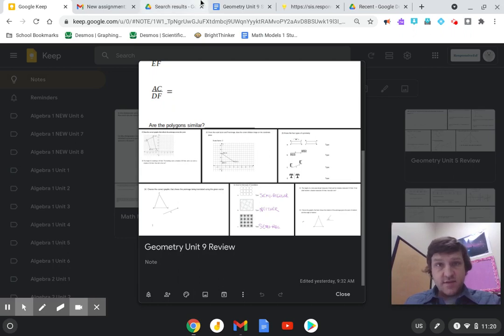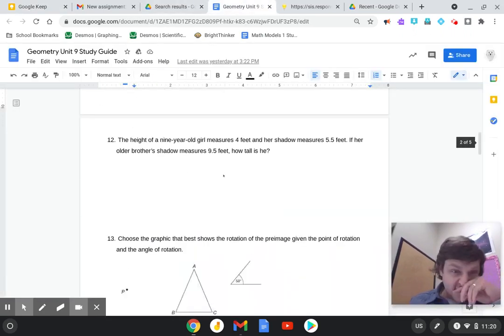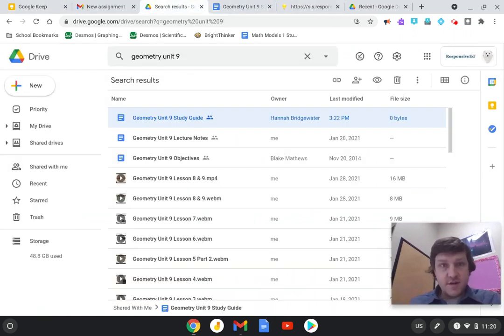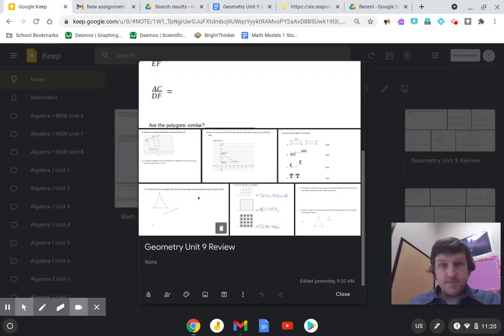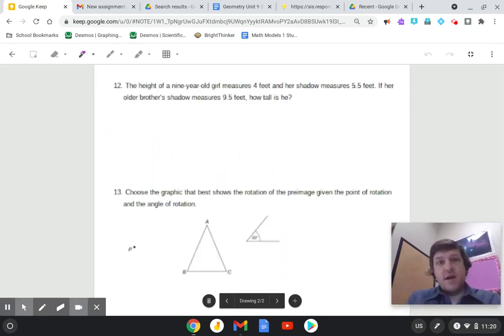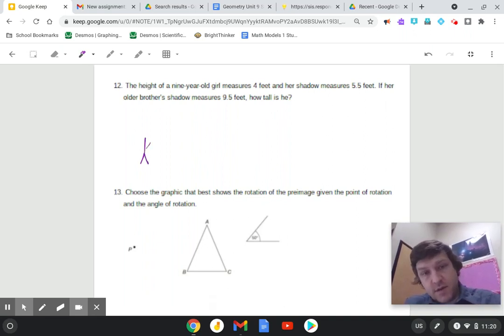Next, I'm just going to make sure I go in the order of the review. A couple of questions. There's a proportion question here. It says, the height of a 9-year-old girl measures 4 feet and her shadow measures 5.5 feet. Her older brother's shadow measures 9.5 feet. How tall is he? Well, let's imagine we have the girl here, and she is 4 feet tall.